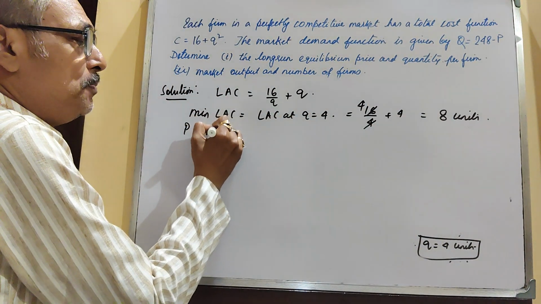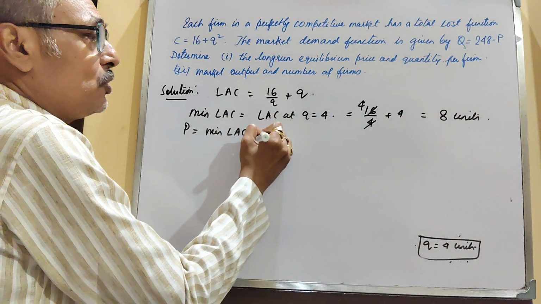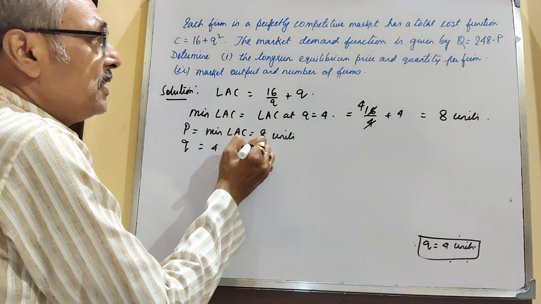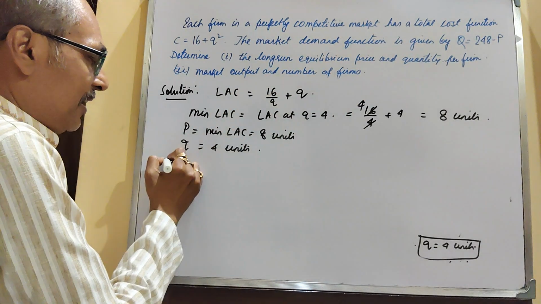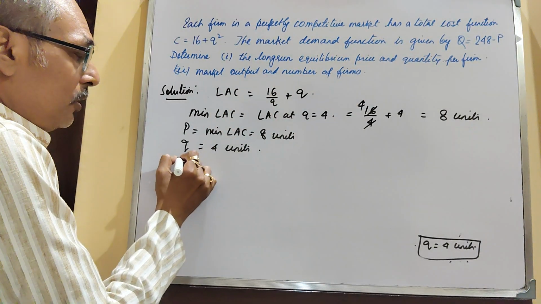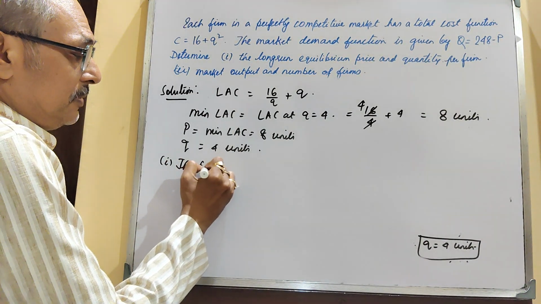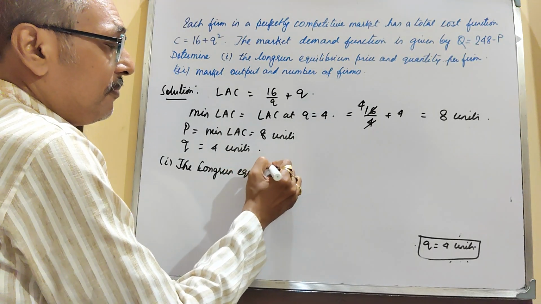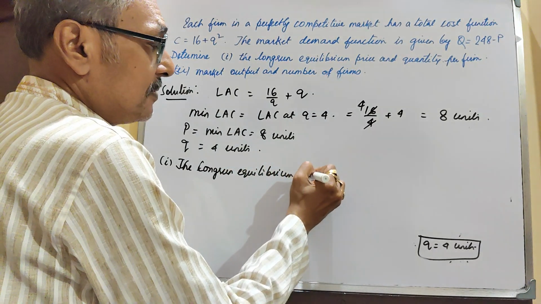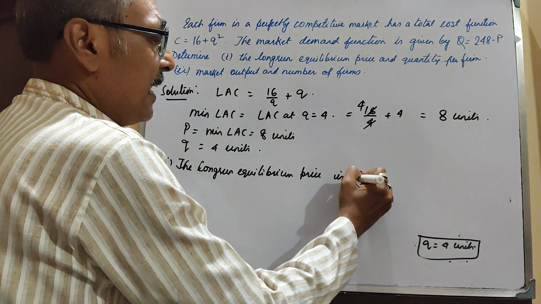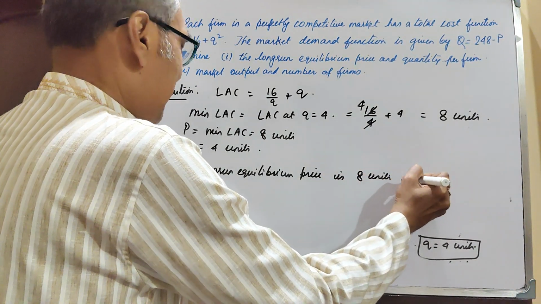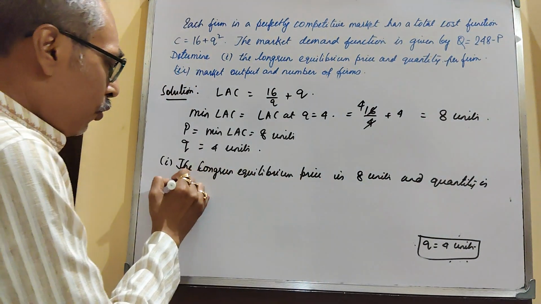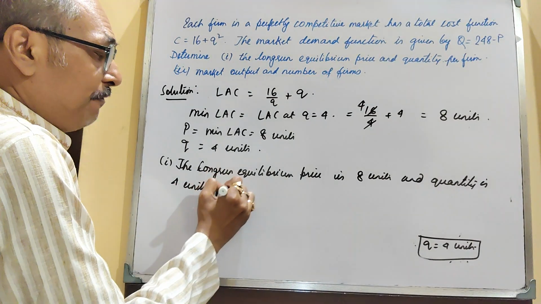Therefore, P equals minimum LAC equals 8 units and q equals 4 units. Hence, the answer of part 1 is: the long run equilibrium price is 8 units and the quantity is 4 units per firm.